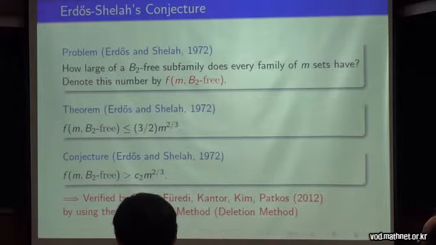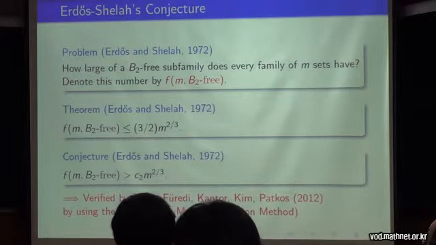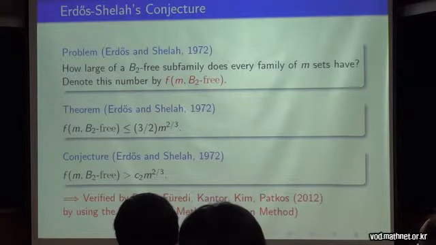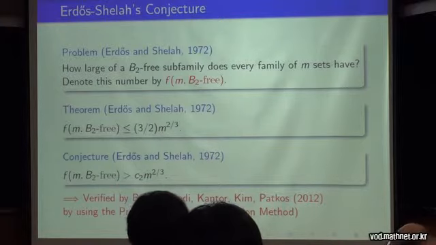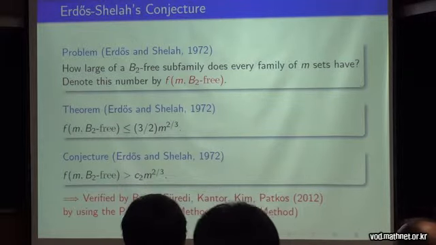In 1972, Erdős and others were interested in the largest size of a P2-free subfamily of the family of subsets of an n-set. So they got an upper bound of this number, and they conjectured the tight bound of this number.